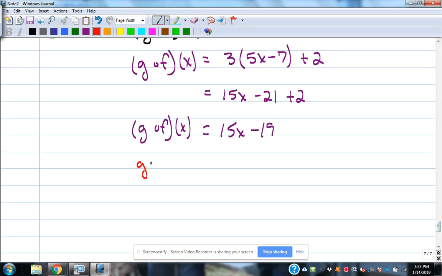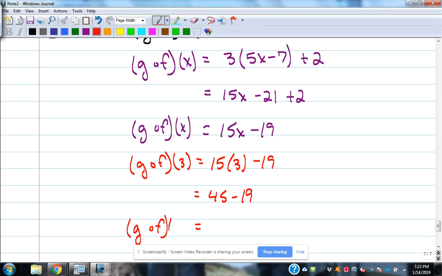And then it asks us to find g composed with f of 3. What does that mean do with the 3? Put 3 in place of x. So 15 times 3 minus 19, which would be 26, right? Do your composite part first and then plug in the x value.